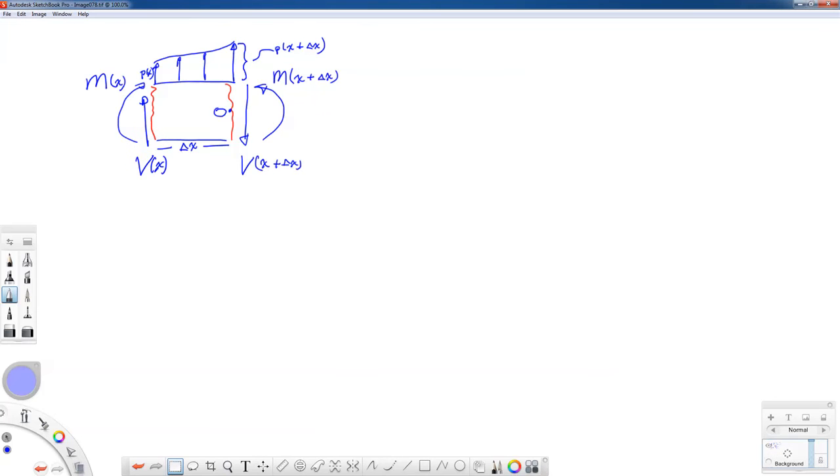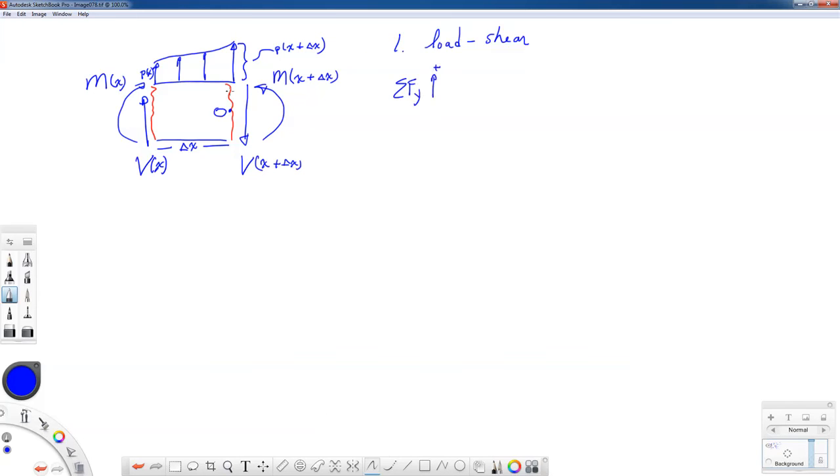Okay, so there's my free body diagram, and we're going to take a look first at the relationship between the load and the shear force on the beam. So to do this, I'm going to do the summation of forces in the y direction.